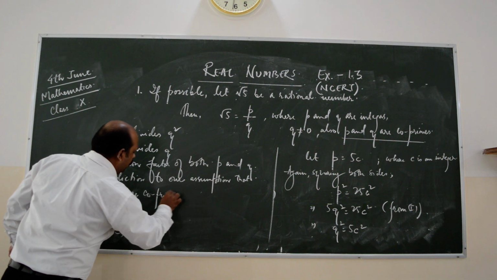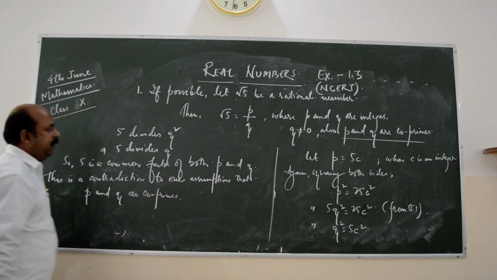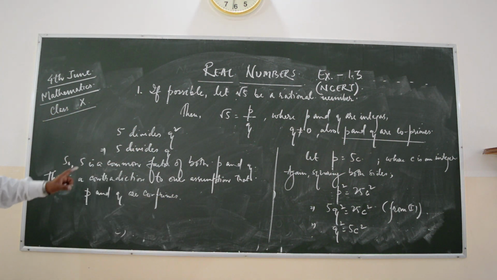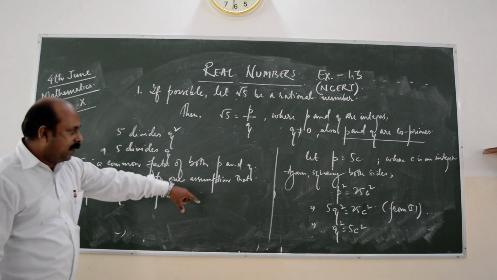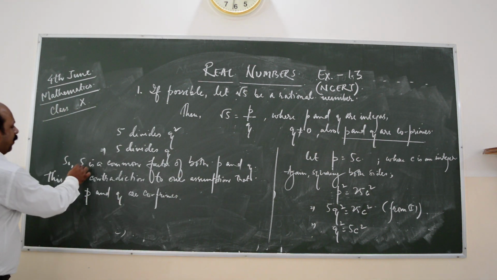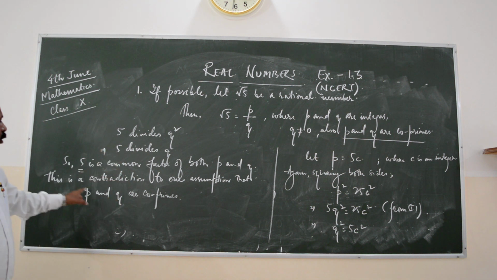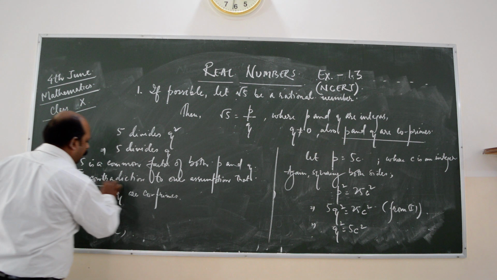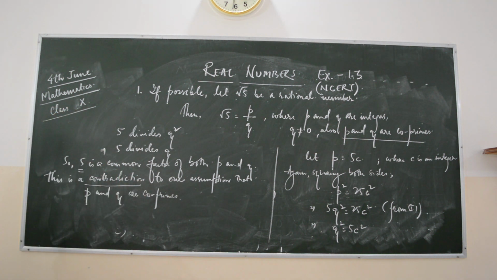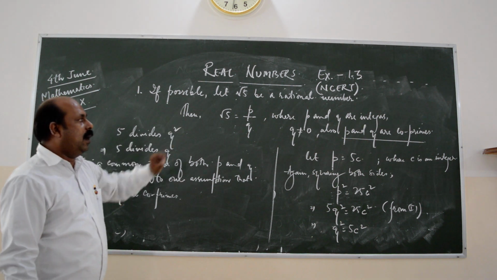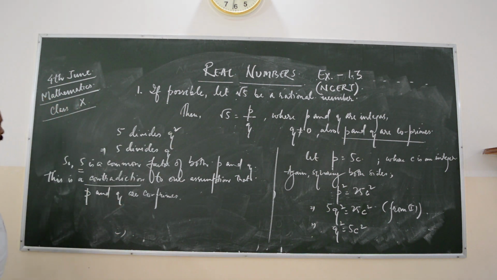We have assumed that there is no common factor between P and Q other than 1. But in the process, we have found that 5 is a common factor of both P and Q. So this results into a contradiction. So why did this contradiction occur? This contradiction is because of our wrong assumption. So we can say this is a contradiction to our assumption that P and Q are co-primes.